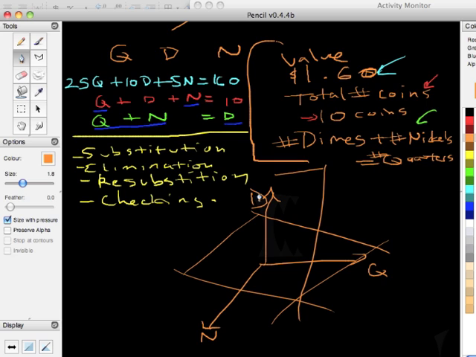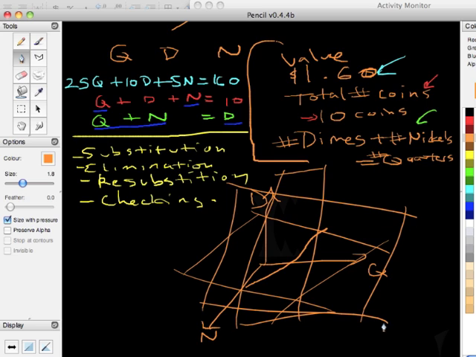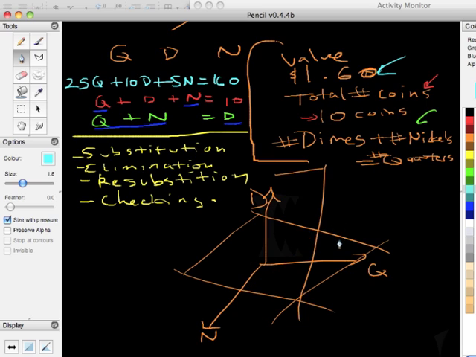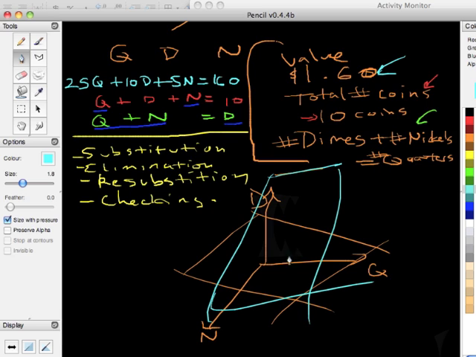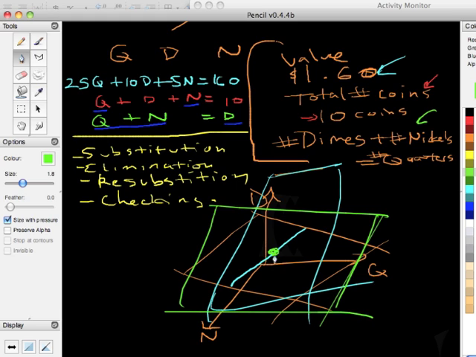One plane, another plane intersecting like this, intersecting at what? Exactly, a line. And then we have another plane like this intersecting at, bam, a point.